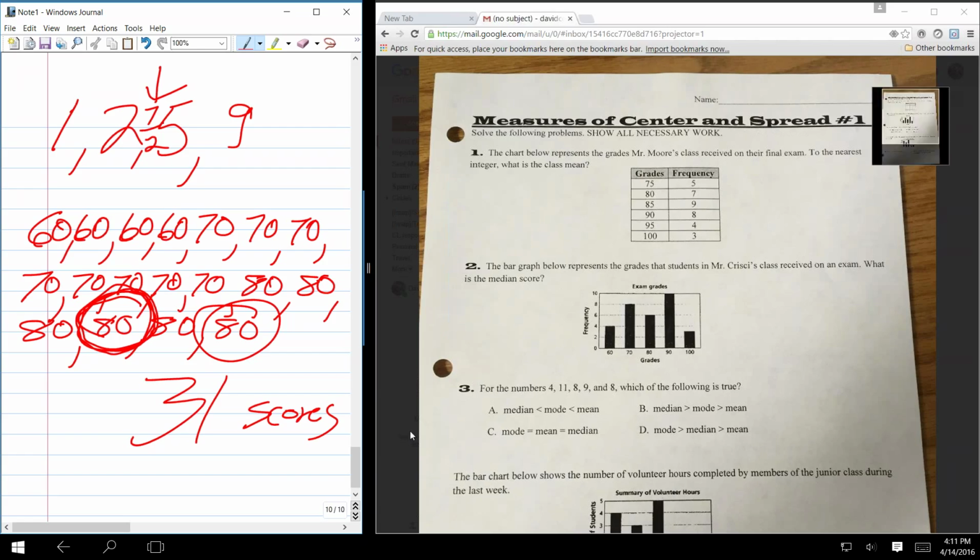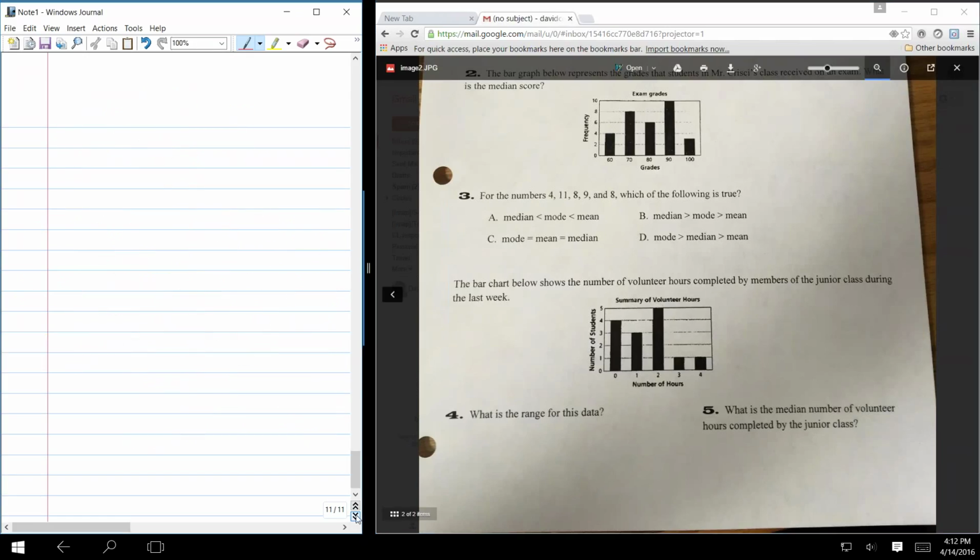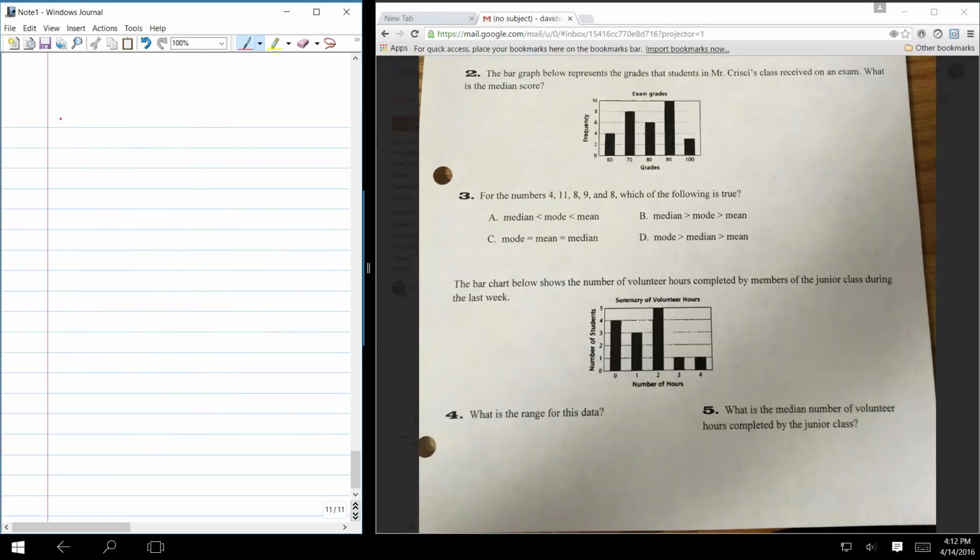Okay? So let's look at number 3. What's the first thing I need to do on number 3? Whenever they're talking about median, mode, and mean, you kind of need to do one thing to start.